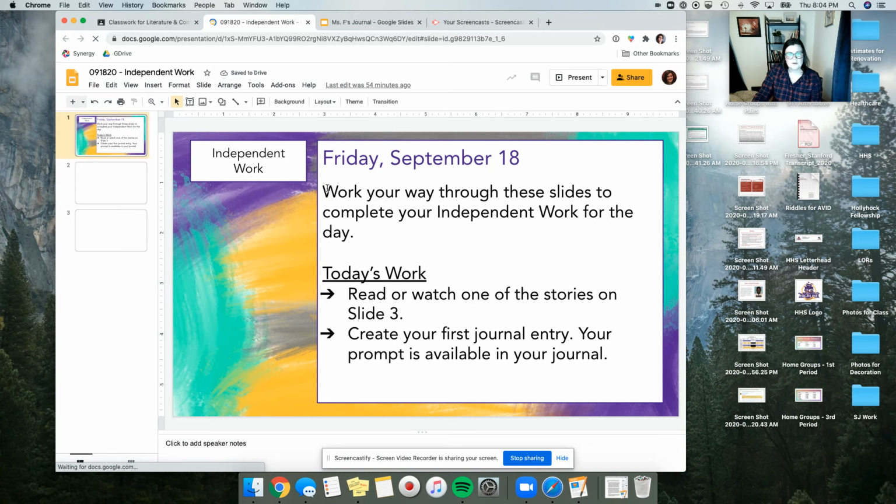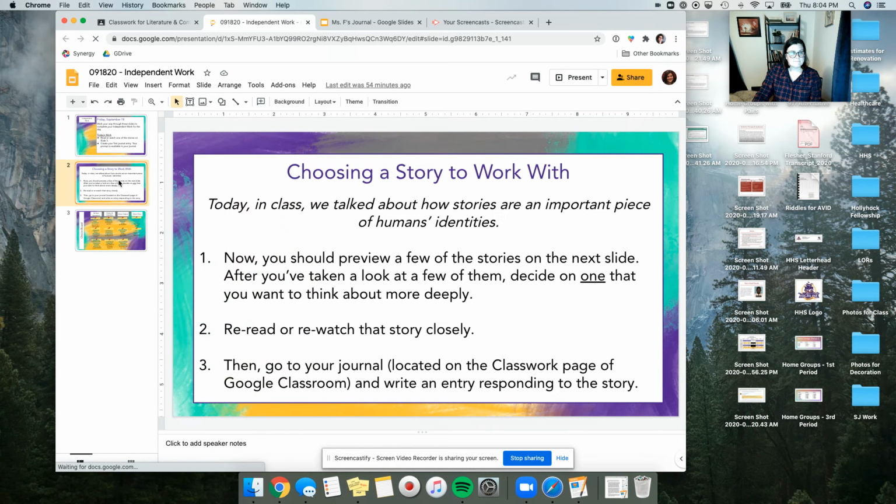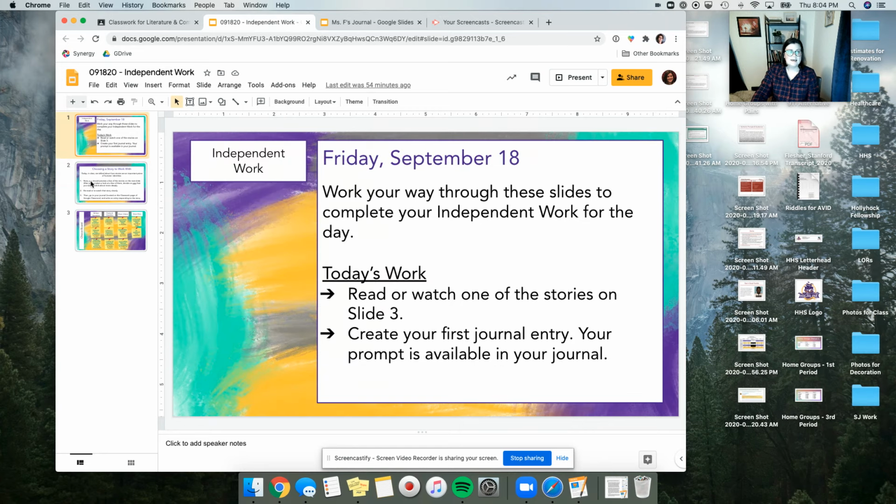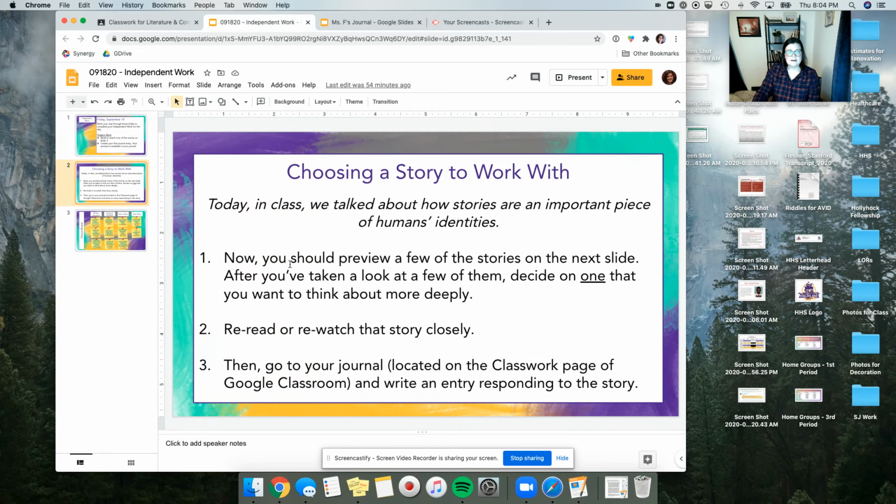Okay, so I need to work through these slides to complete my independent work for the day. I have to first choose a story to work with. So we had talked about how stories are an important part of human identity, and now it's telling me I should preview a few of the stories on the next slide.